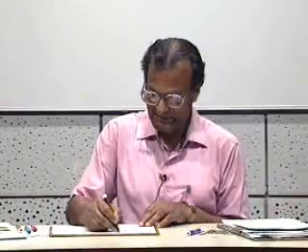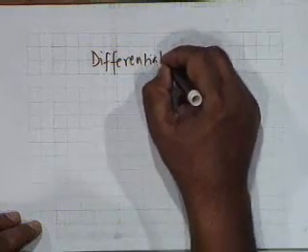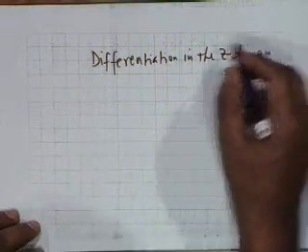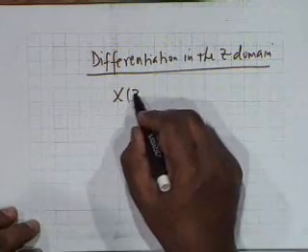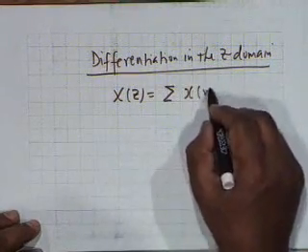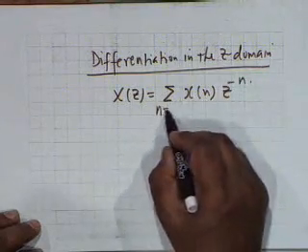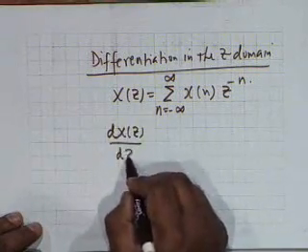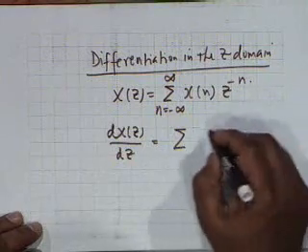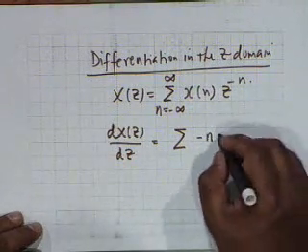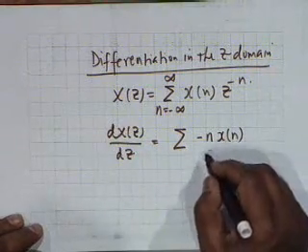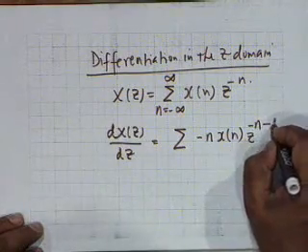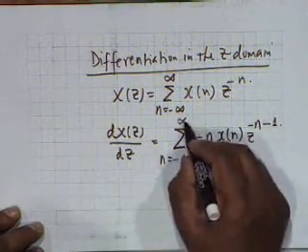Then we consider differentiation in the z domain, in the frequency domain. That is, we have capital X of z equal to summation x of n, z to the minus n, n equals minus infinity to plus infinity. If I differentiate with respect to z, then what happens inside is minus n x of n z to the minus n minus 1, n equals minus infinity to plus infinity.